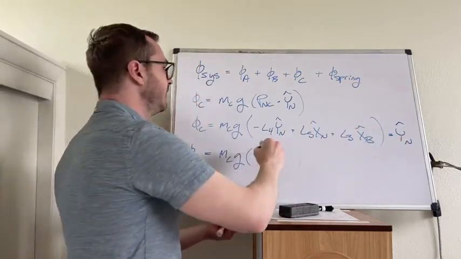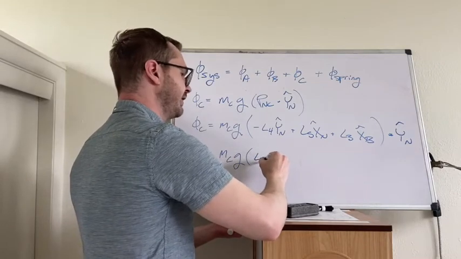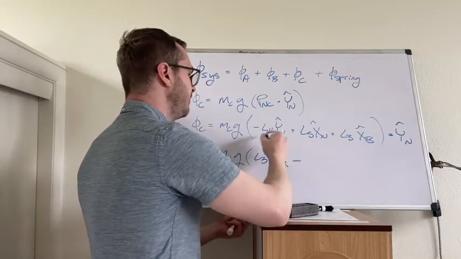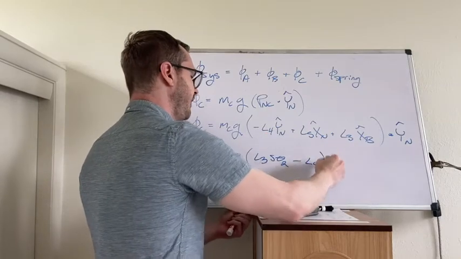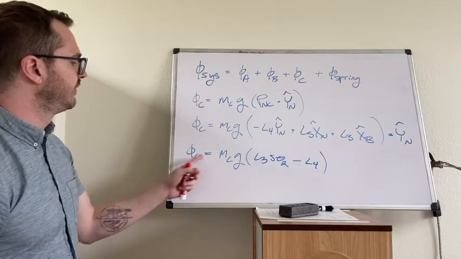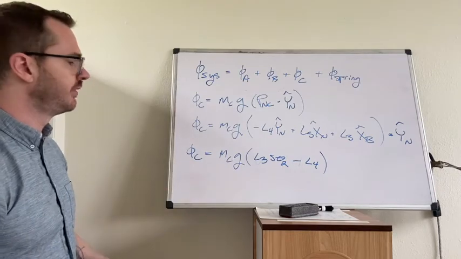So we will end up with L3 sine theta 2 minus L4. And here is our potential associated with body C.